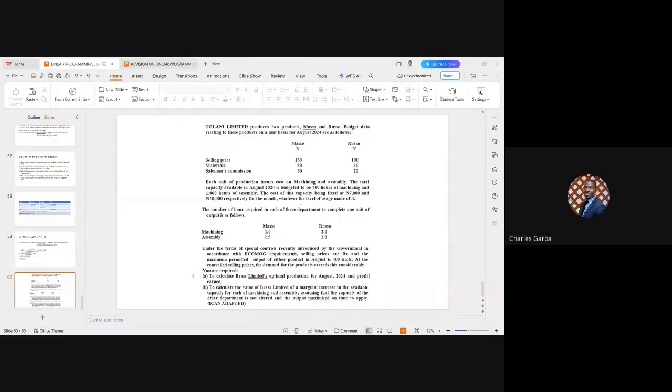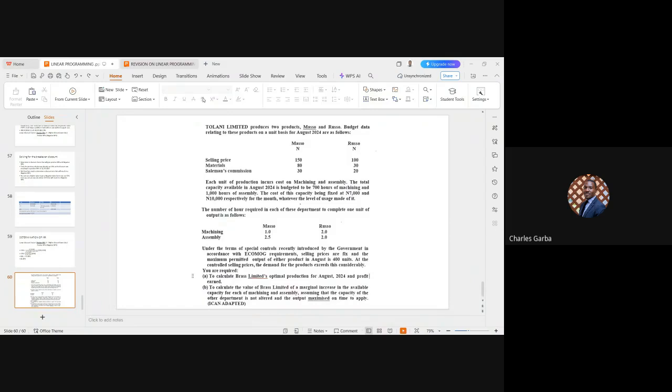Under the terms of special controls recently introduced by the government in accordance with ECOMOG requirements, selling prices are fixed, and the maximum permitted output for either product in August is 400 units. At the controlled selling prices, the demand for the products exceeds this considerably.